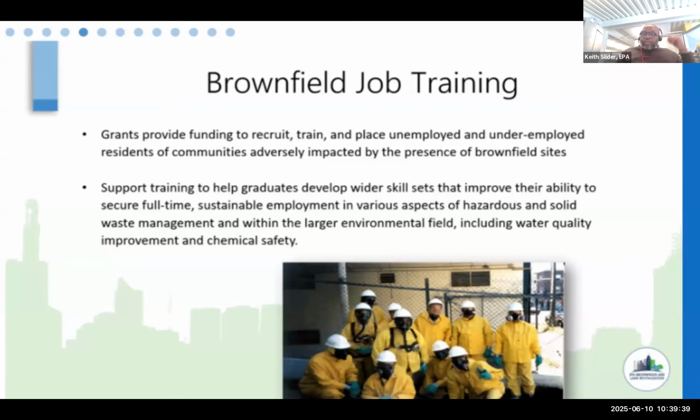And that has been a big seller for local areas, especially in small rural areas where maybe the job opportunities are low. These programs are ideal for helping move the project along. Next.